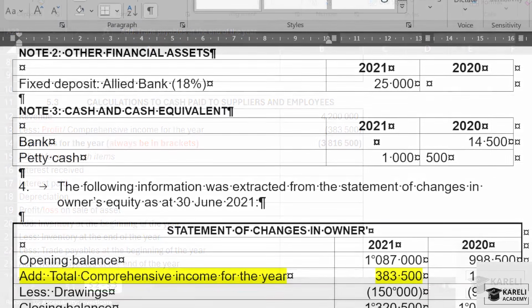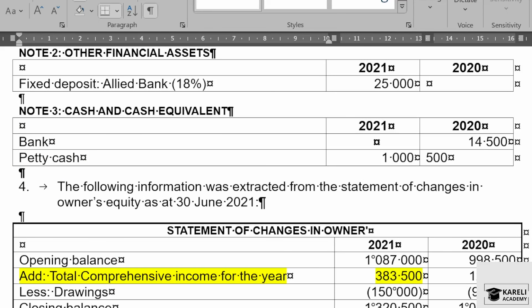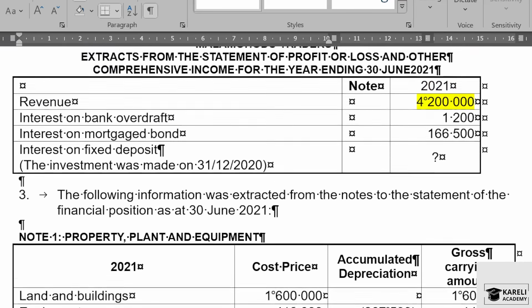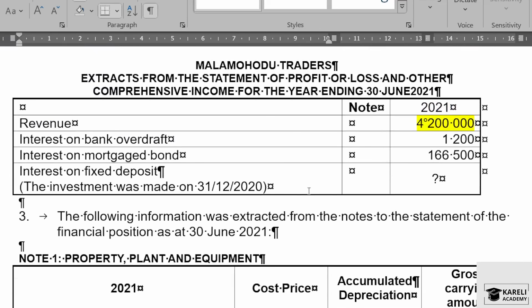We should get the interest from the statement of profit and loss and other comprehensive incomes. Let's check. We don't have any other interest except fixed deposit. It's a question mark. That means we need to calculate.